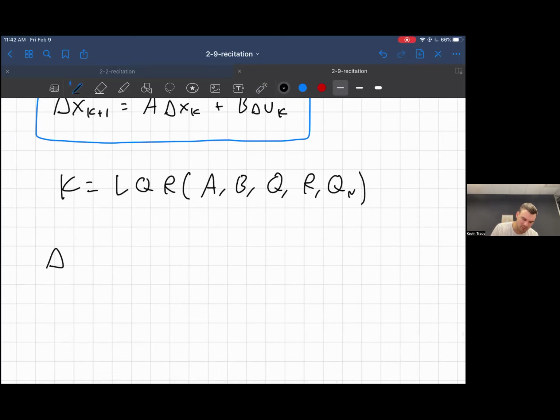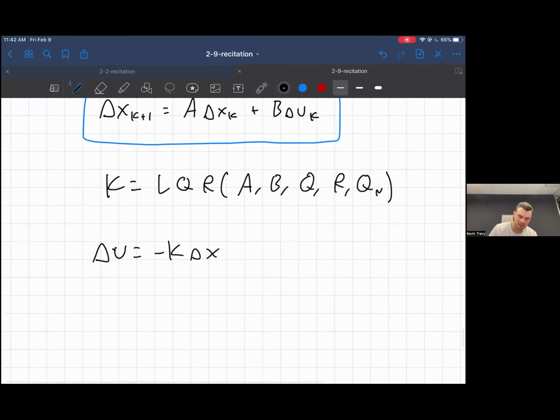And this gives me the following policy. Delta U equals negative K delta X. And I go and I substitute in our stuff.